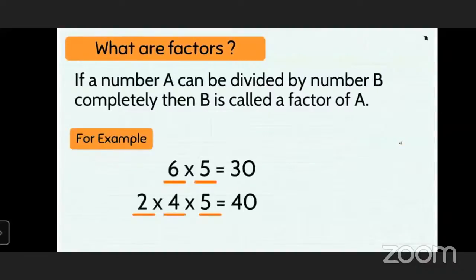Here are some examples. 6 multiplied by 5 is equal to 30, and 4 multiplied by 10 is equal to 40. I think you are confused: here we are talking about factors, and sir has given us multiples.